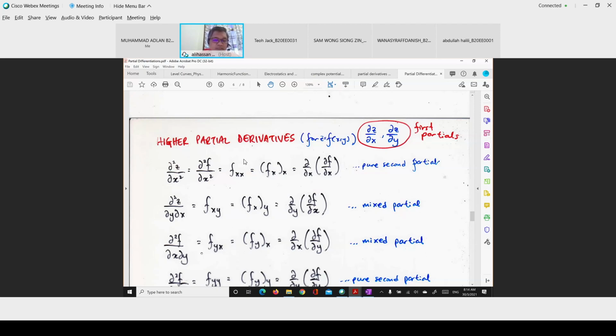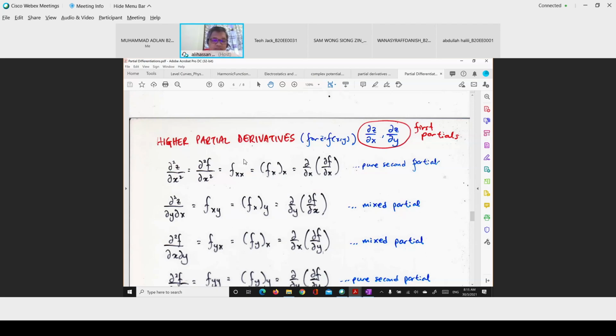Similarly, we have another mixed partial, f partial y partial x, as written in this notation. It means first we take f partial y and then differentiate the result with respect to x, which can also be written in this notation.